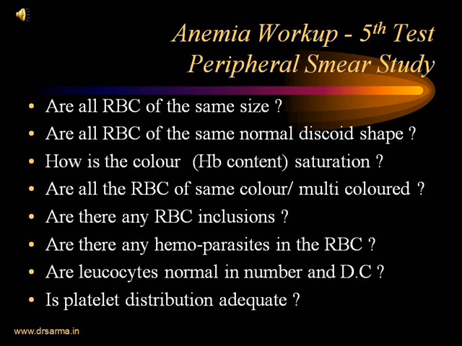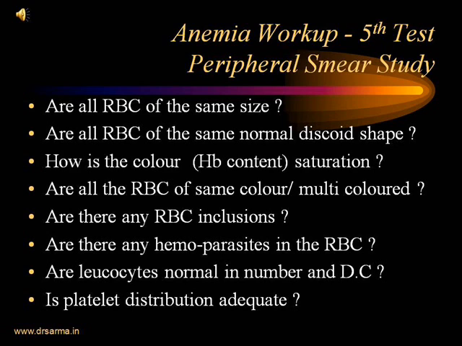So, the first thing is anisocytosis or isocytosis. Second one is normal shape or poikilocytosis. The third one is normal hemoglobinization, normochromia, or hypochromia or hyperchromia.